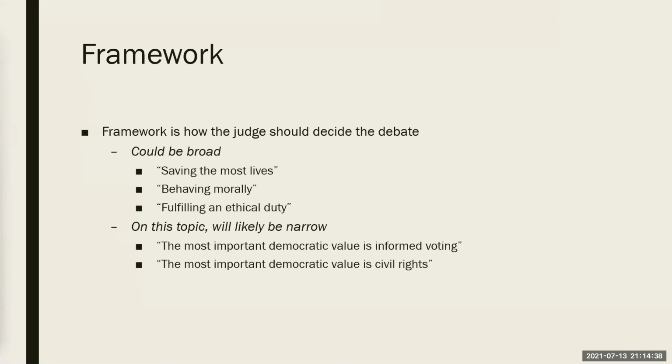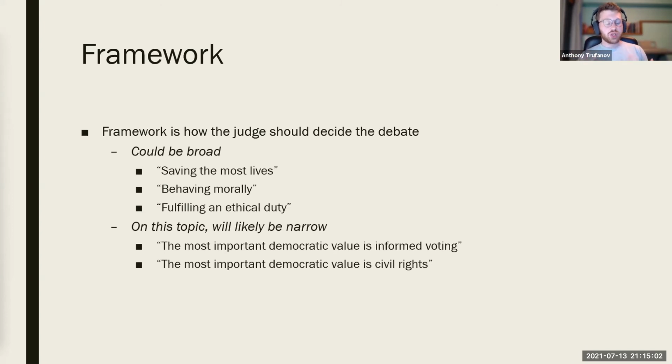Okay. But what I mean by broad or narrow is kind of what Nate was getting at with his cats or dogs example, which is another way to think about it, right? So useful animal versus animal that you don't have to take care of, right? Those are two different frameworks for deciding whether a cat is better or a dog is better.